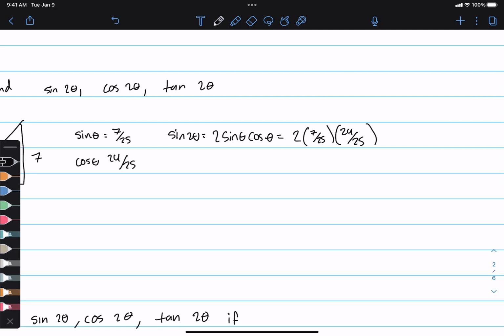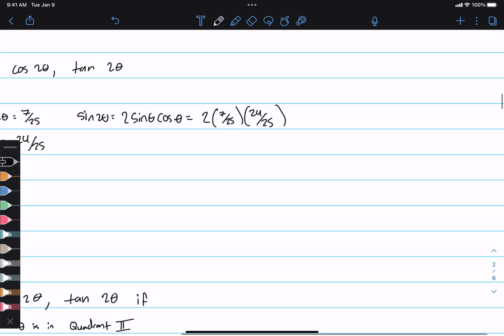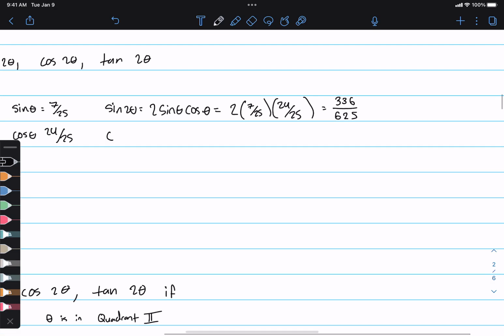It's going to be over 625. So 2 times 7 over 25 times 24 over 25, you're going to get a weird decimal, you're going to put it into fraction, and you're going to get 336 divided by 625.